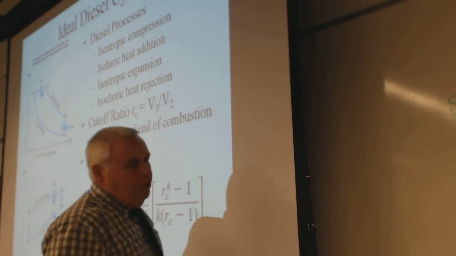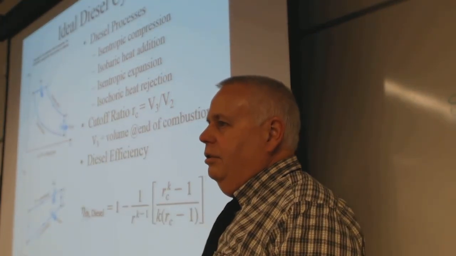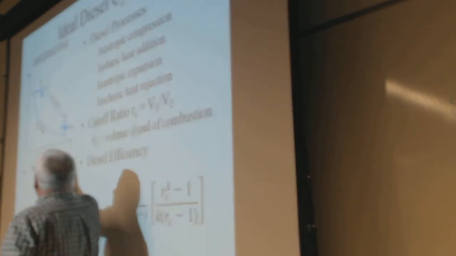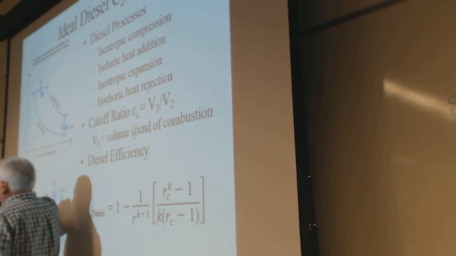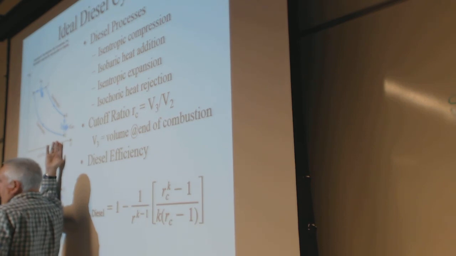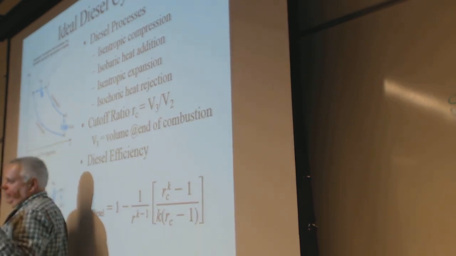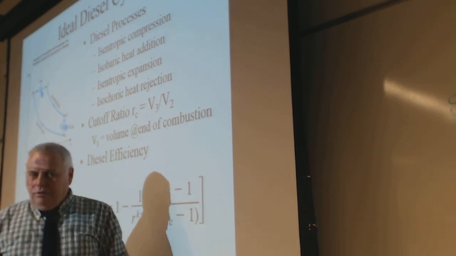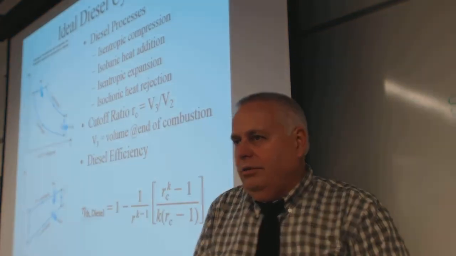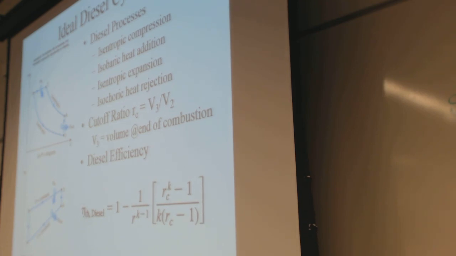So there's one more term we have to deal with, not just the compression ratio, but now the cutoff ratio, which complicates the expansion a little bit. The expansion ratio is different from the compression ratio according to cutoff, how much it expanded before it started doing the isentropic thing. So we'll talk about that more next time.